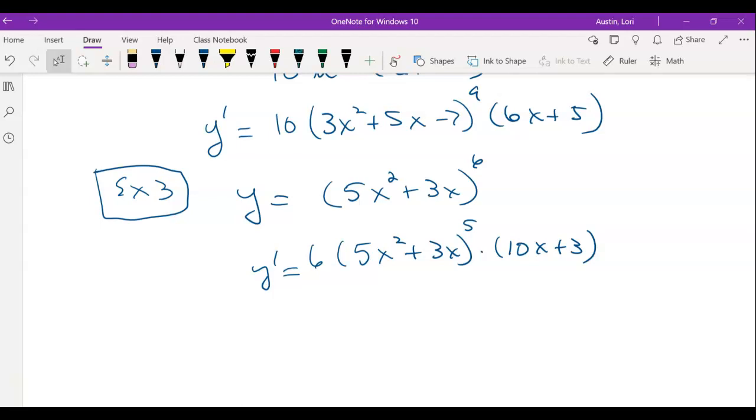But let's get away from this something raised to a power, and let's just go through a few examples, okay? A few quick ones. Because again, you got to recognize the inner function.